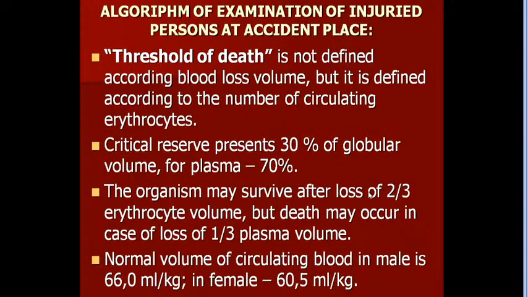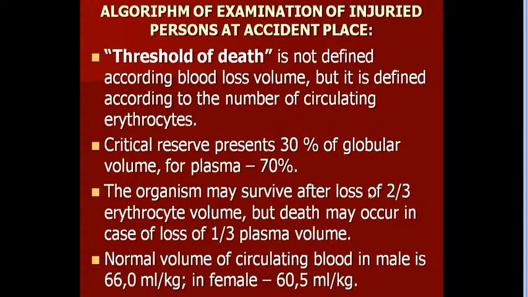Algorithm for examination. The threshold of death is not defined according to blood loss volume, but according to the number of circulating erythrocytes. Critical reserve: 30% of globular volume, for plasma 70%. The organism may survive the loss of 2 thirds of erythrocyte volume, but death may occur in case of loss of 1 third of plasma volume.